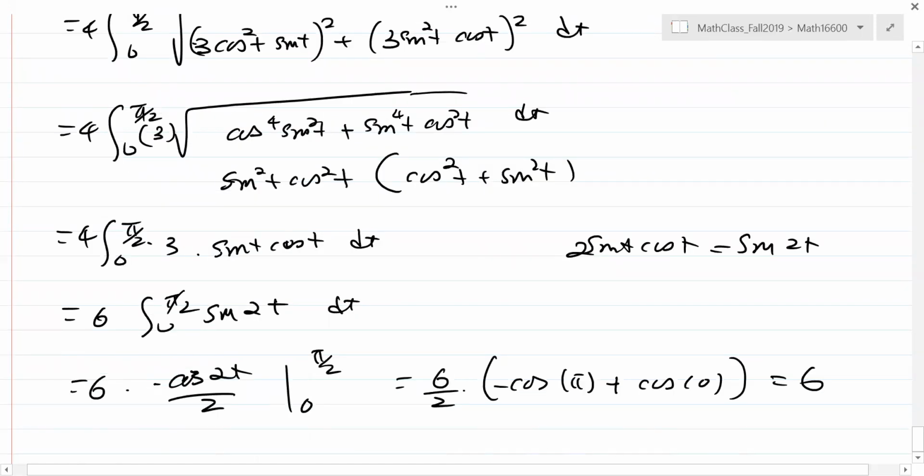It's not too bad, and the value is still 6. You get the same answer no matter which way you go, and that's really magic. In mathematics, as long as it's a correct method and no computation mistakes, you end up with the same answer.